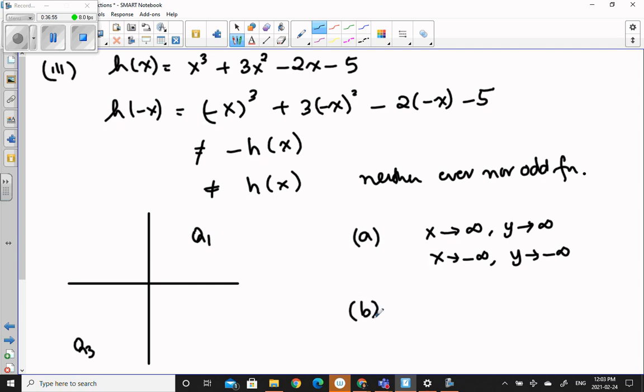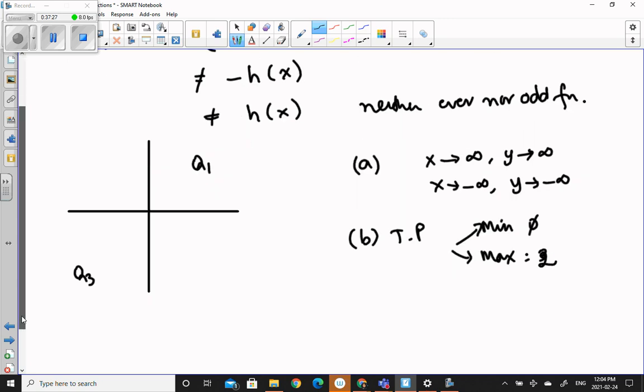And the turning points, well, it could have a minimum of none and a maximum of, it's actually degree 3, so maximum of 2.